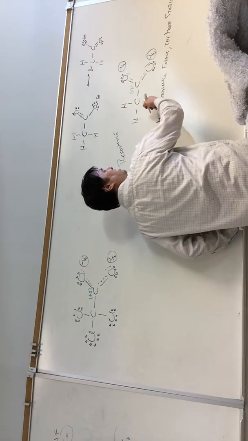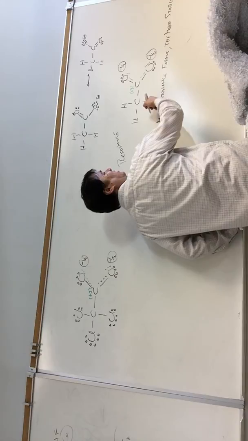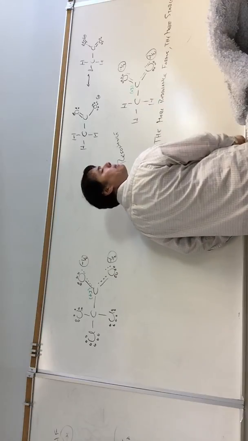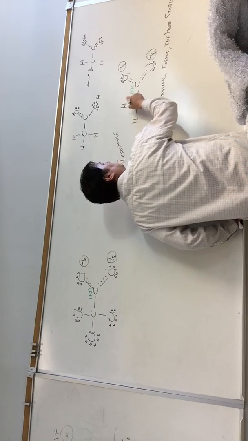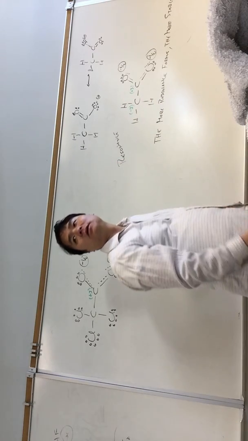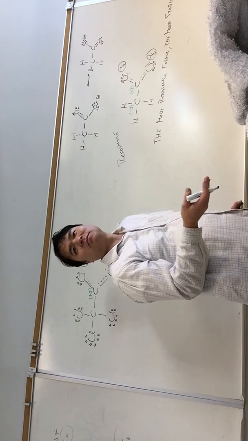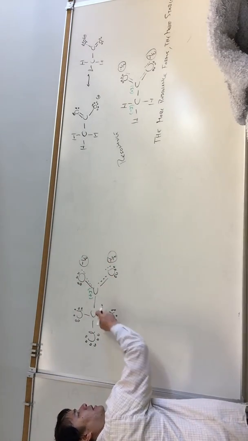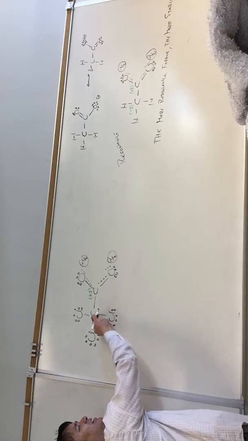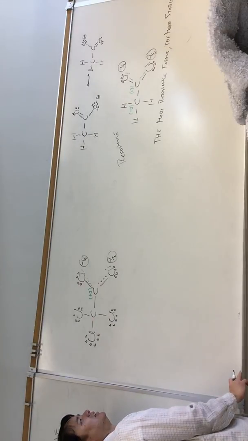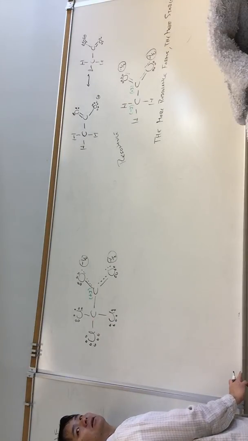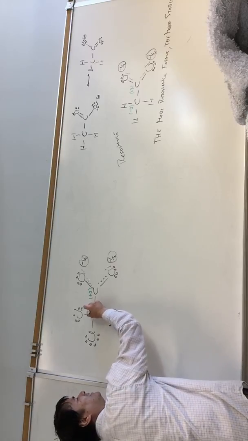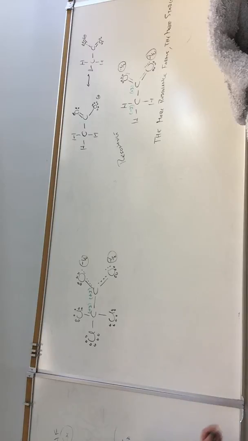Two, 4, 6, 7. -3. Ooh, that's pretty electron rich. Methyls are electron rich, right? We look over here, trichloromethyl, what's the oxidation state on carbon here? +3. Wow. What does that tell you?